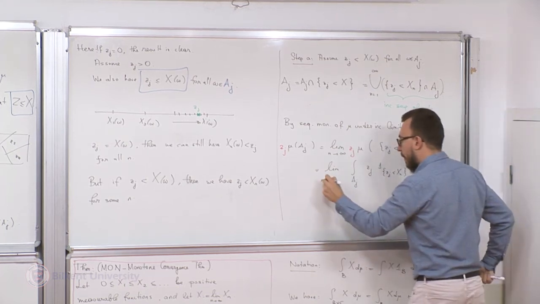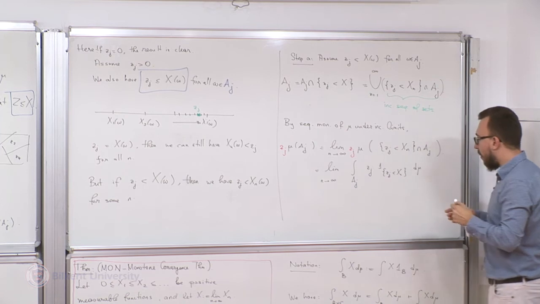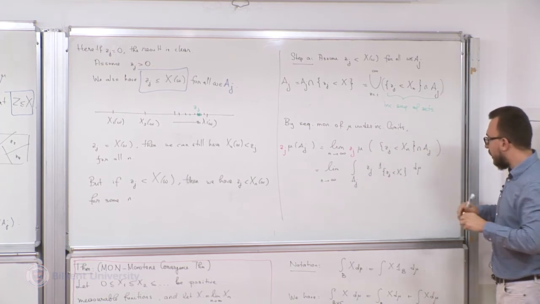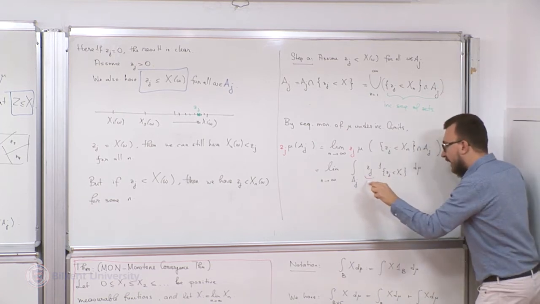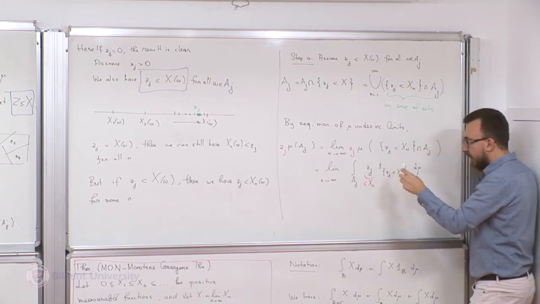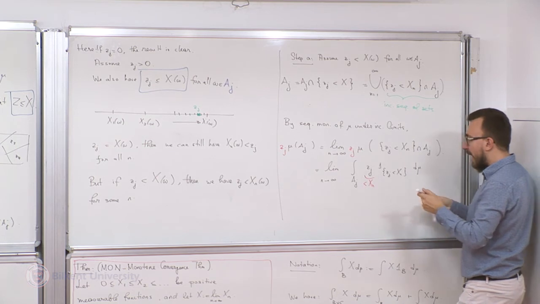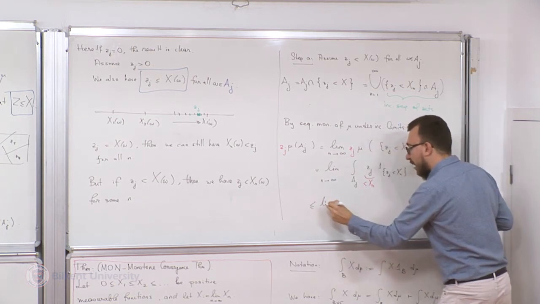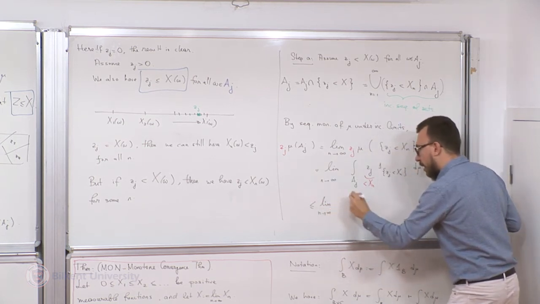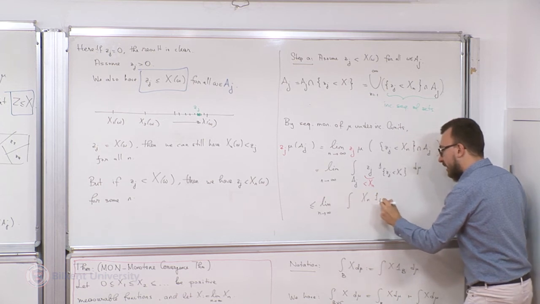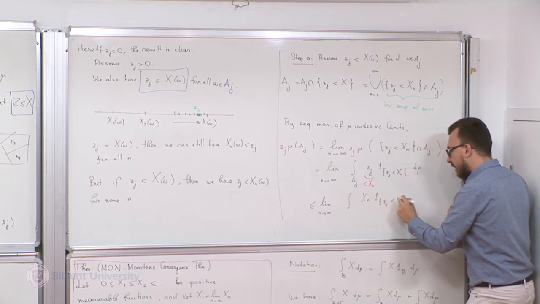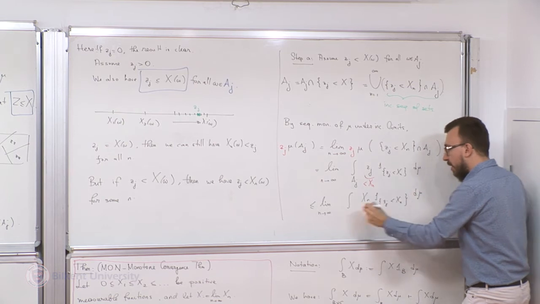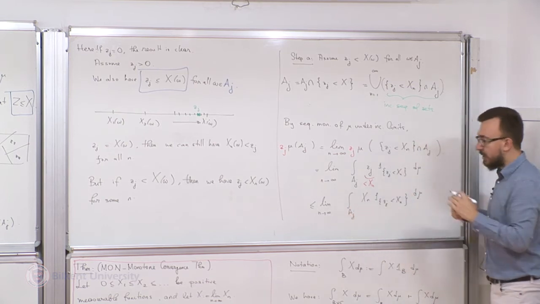Okay. Now, this is less than xn on this region. Therefore, we can bound it by xn indicator Zj less equal xn d mu by monotonicity.